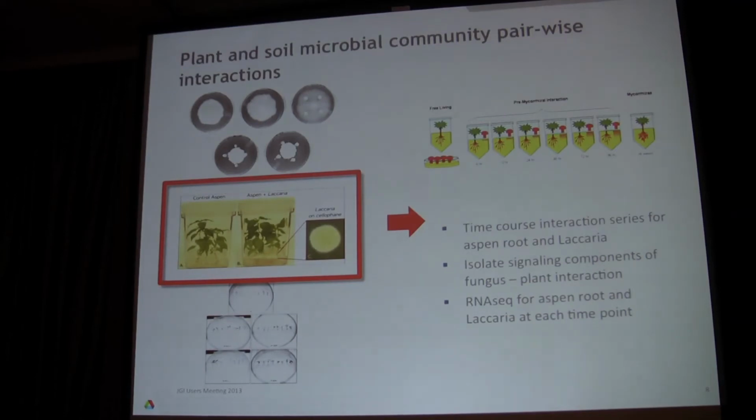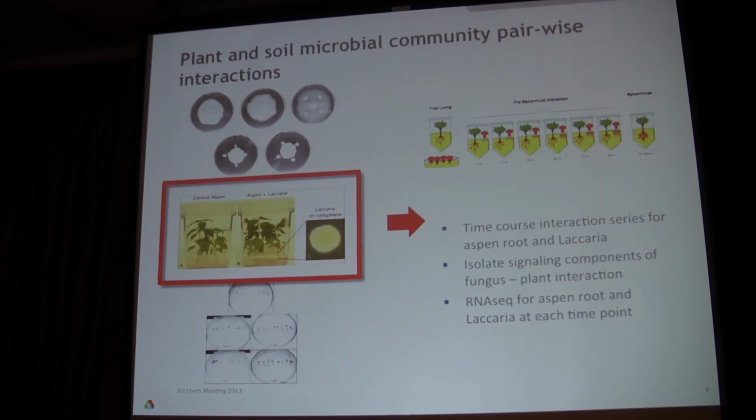The specific experimental design I'm presenting today grows the plants and the Laccaria together. In this case, the fungus is sitting on a membrane, preventing any physical contact between these two organisms.